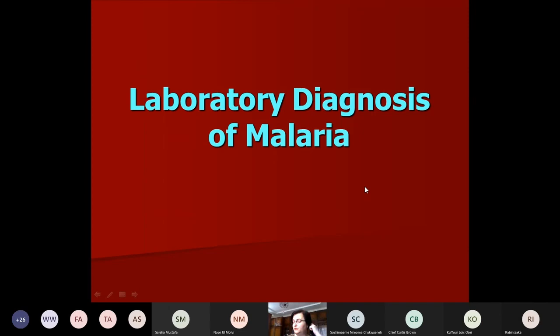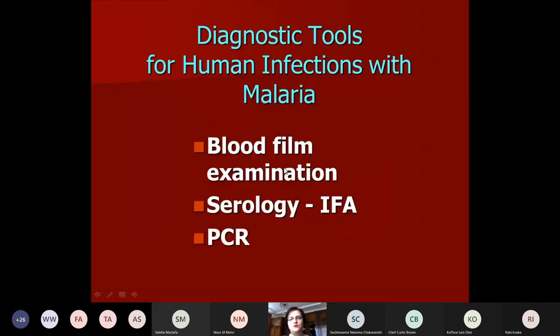And laboratory diagnosis. How can we prove that it's really this infection and what exactly the species is, because we have to know what treatment to prescribe. Diagnostic tools: blood film examination, serology, and PCR investigation.